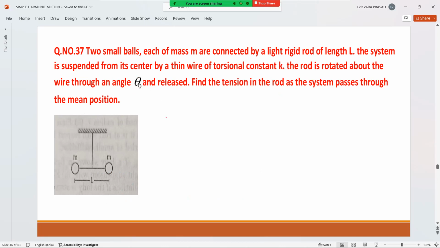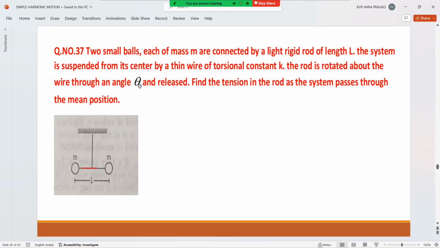See the question. Two small balls, each of mass m, are connected by a light rigid rod of length L. So this is the rigid rod. The system is suspended from its center by a thin wire of torsional constant K. This is a thin wire.